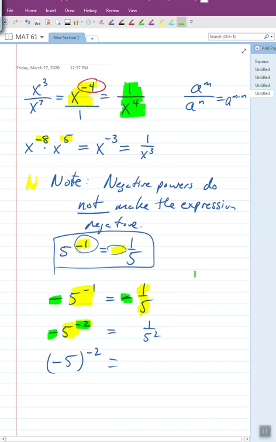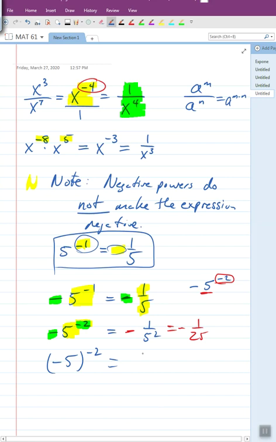If you have two things next to each other, like a negative and a 5, and then a power, what's the only thing that that power applies to? It's the thing that immediately precedes it, which is just the 5, which means the negative is not touched by that power, which is why you got an answer of negative 1/25. But it's in parentheses, so now it's affecting the whole thing.